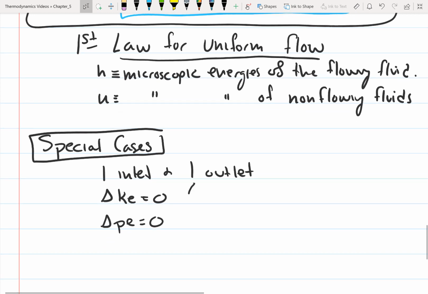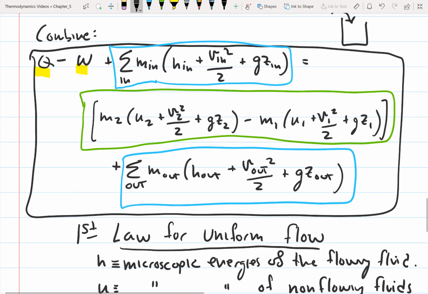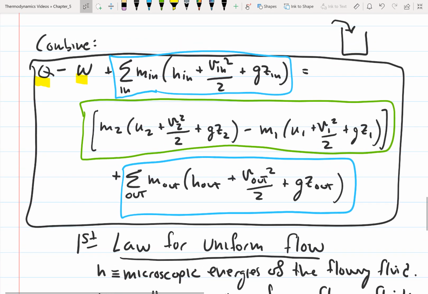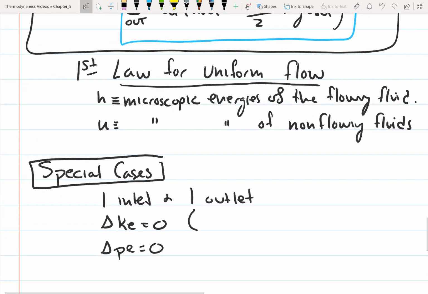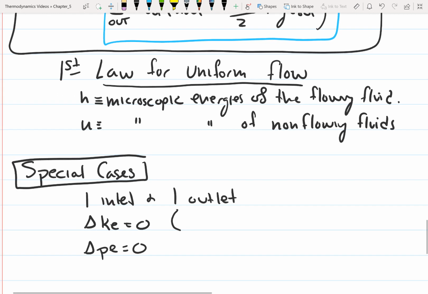The change in kinetic energy is a little bit more, so we're going to assume it's 0 just to develop these equations, but you might have times when you need to consider it. But in general, if we're filling a container or removing fluid from a container, we're going to assume that the speeds are low.